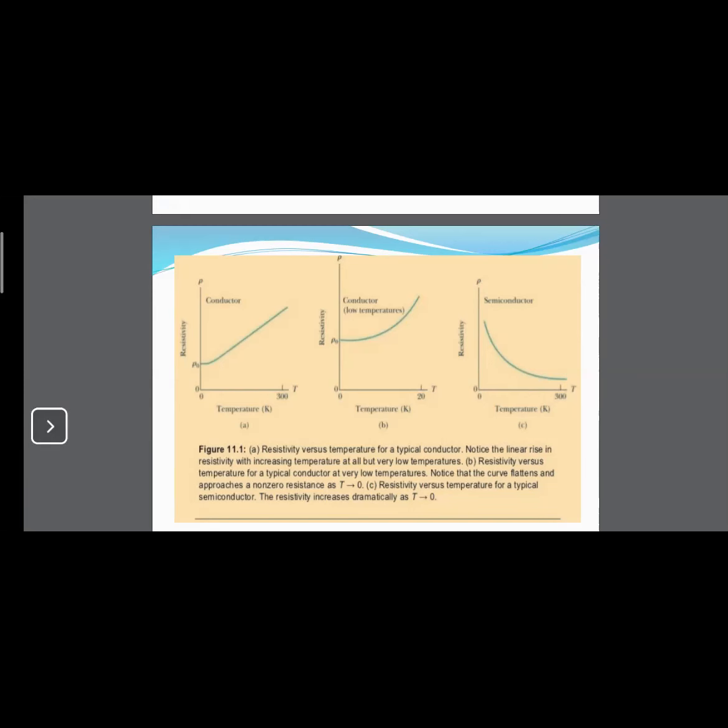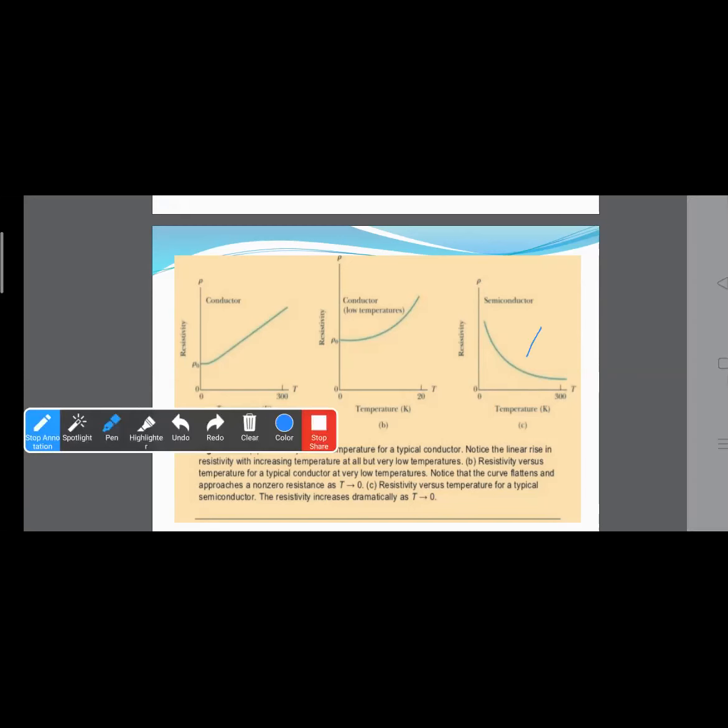Notice the linear rise in resistivity with increasing temperature at all but very low temperatures. And graph B shows resistivity versus temperature for a conductor at very low temperature. Notice that the curve flattens and approaches a non-zero resistance as T tends to 0. And C is the graph for a semiconductor, where if we increase the temperature, resistivity decreases.